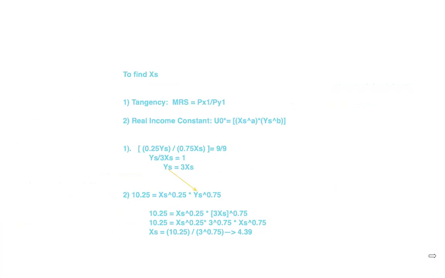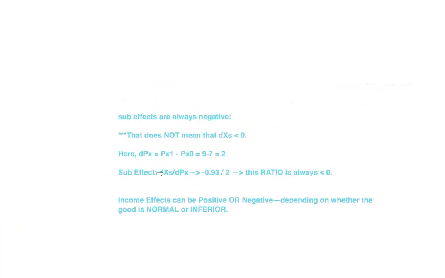In the case of the substitution effect, it's a ratio. And in the case of the income effect, the ratio is DXI over d income. Okay.